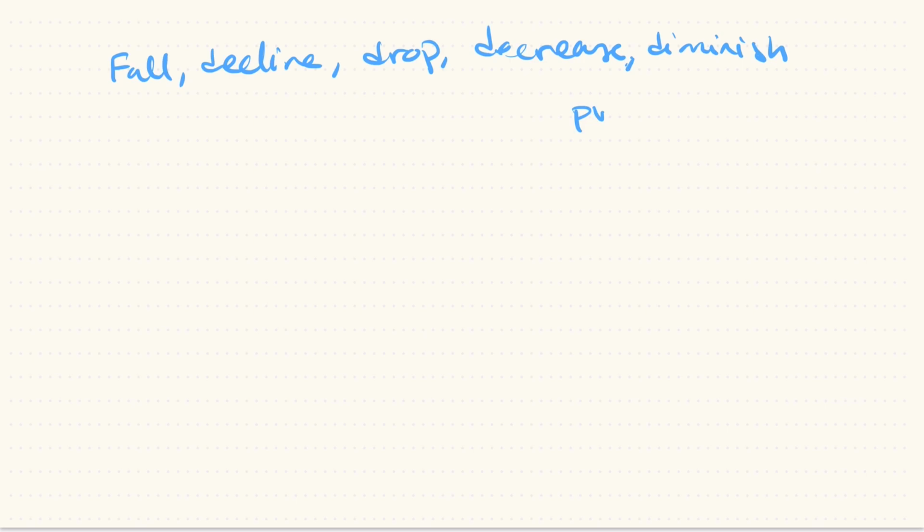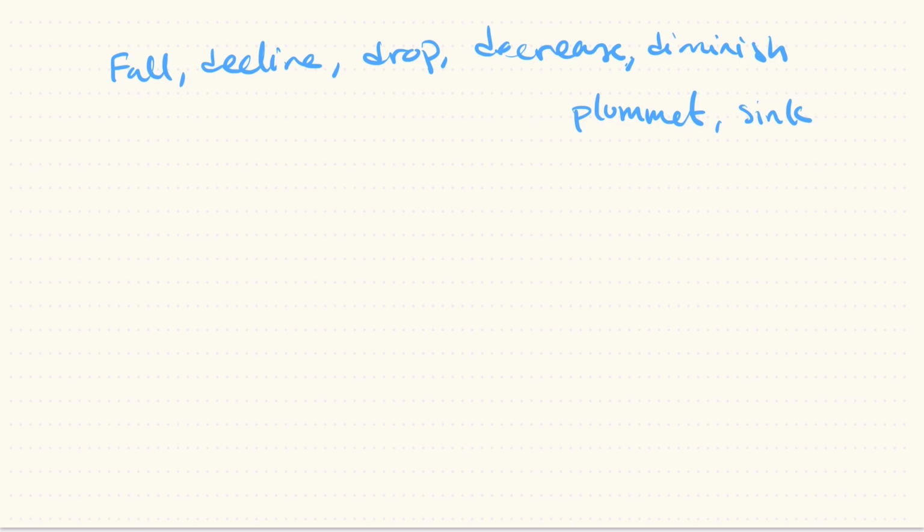Sorry, let me write it more clearly. Plummet and sink. So again, typically these last two, plummet and sink, are used when the decrease is more dramatic, more all of a sudden.